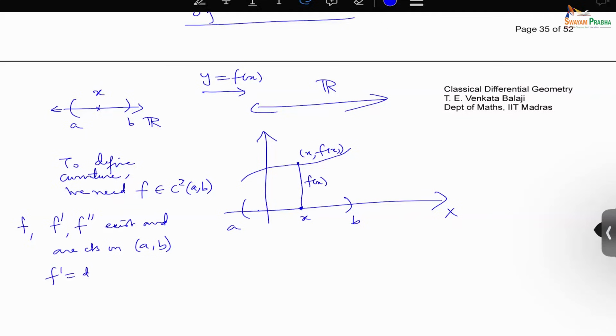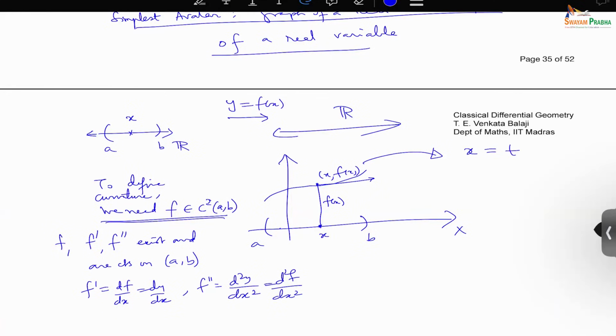Where f dash is df by dx, which is actually dy by dx, and f double dash is d squared y by dx squared, which is the same as d squared f by dx squared. So we need f to be second continuously differentiable, and that is one condition.